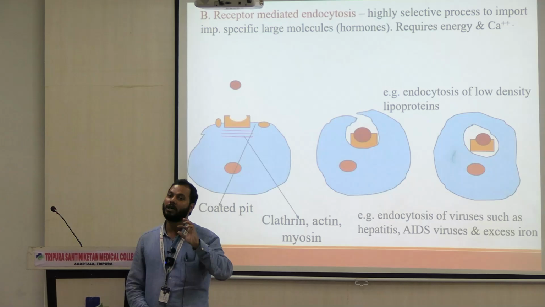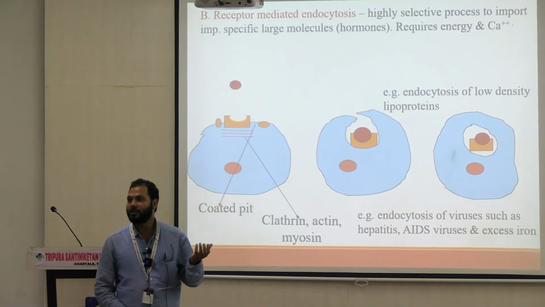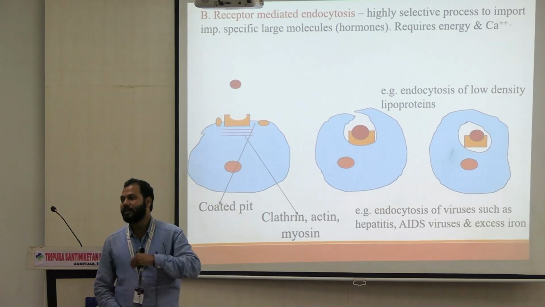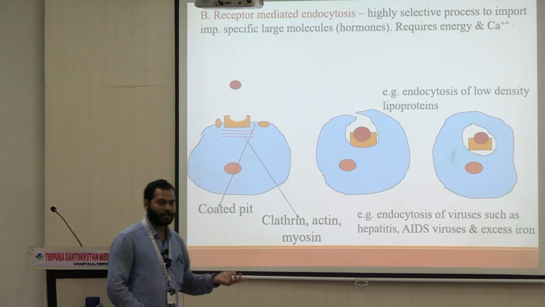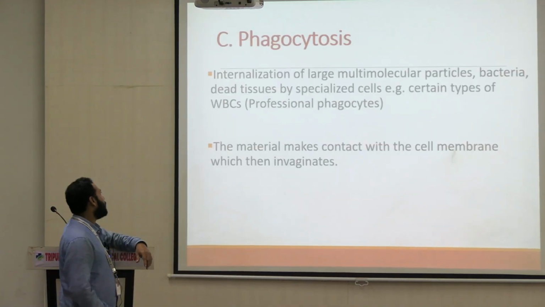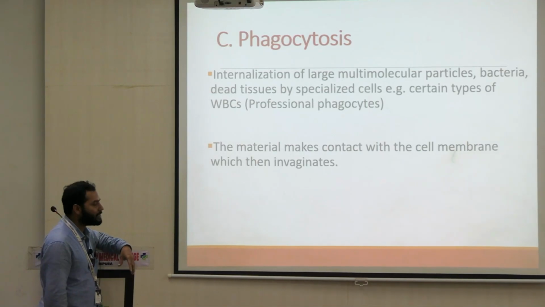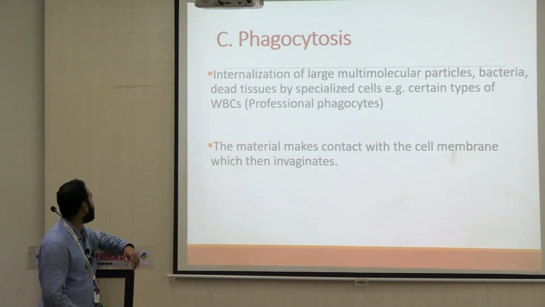After the endocytosis process is over, or after the engulfing of all those molecules inside, they are processed further by other biochemical processes. Whereas phagocytosis, as I mentioned, is specific to some immune cells, right?